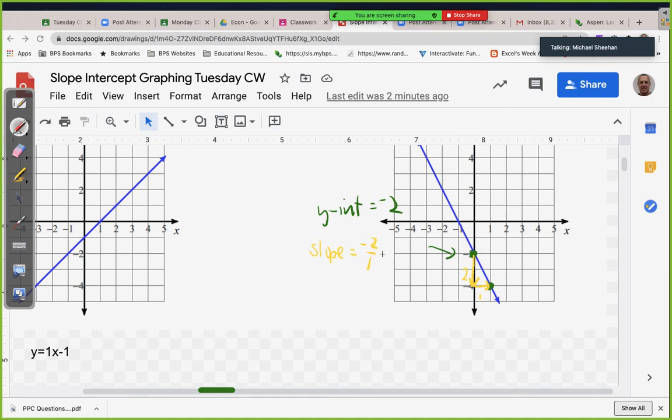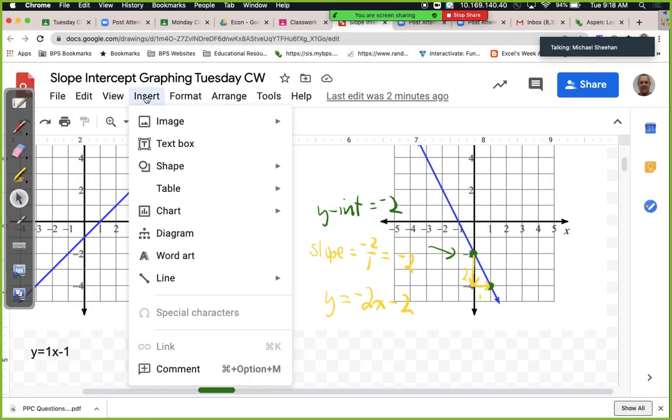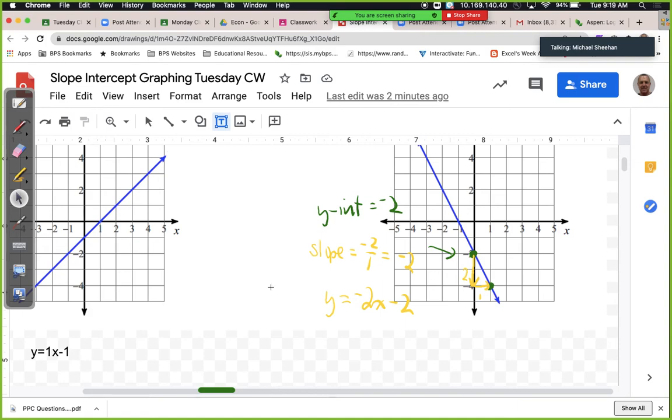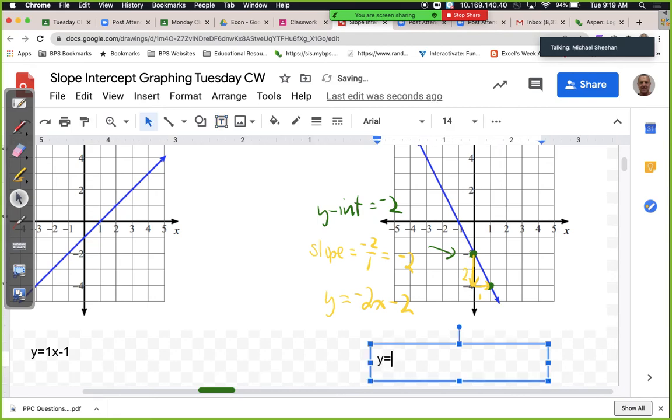And sometimes you have to keep it as a fraction, but I don't have to here because -2 over 1 is the same as -2. So I want to write y equals -2x minus 2. So I'm going to go to Insert, Text Box, y equals -2x minus 2.